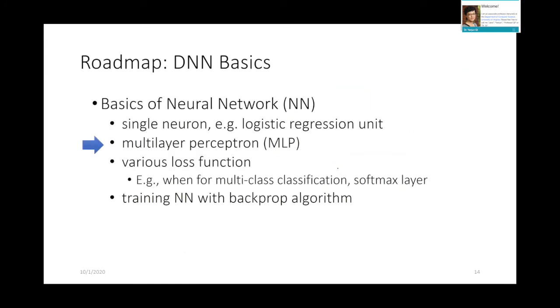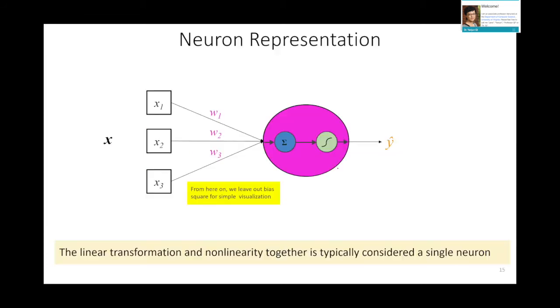Okay, so now it's multi-layer perceptron. So what is a multi-layer perceptron? Essentially, it's very simple. We can think about this summation layer and this squashing layer together as one unit, and we just treat this as one neuron. From here, I'm not going to draw that bias term, but you should remember there's a bias term.